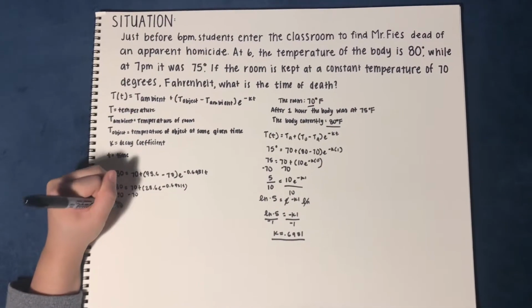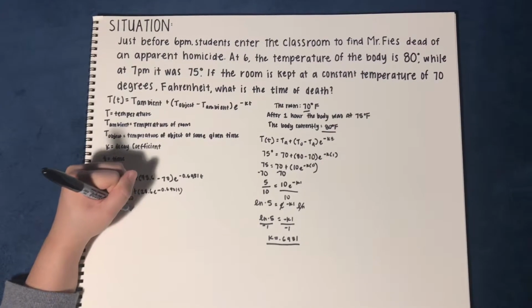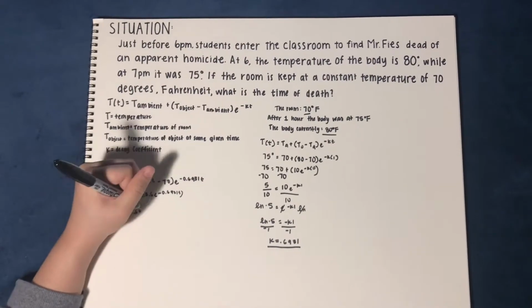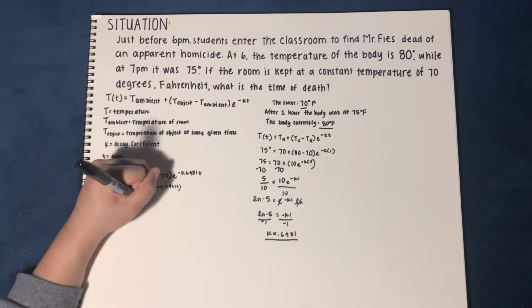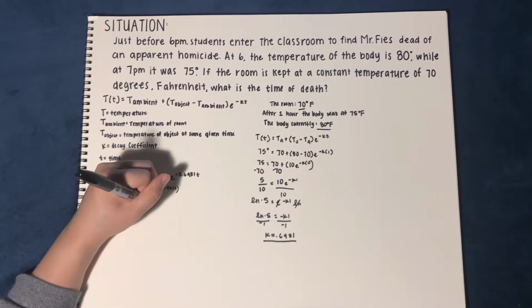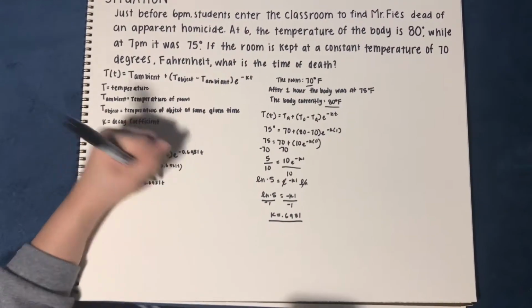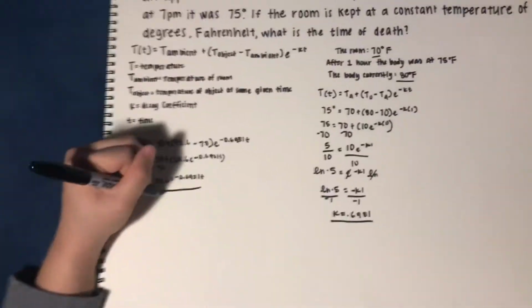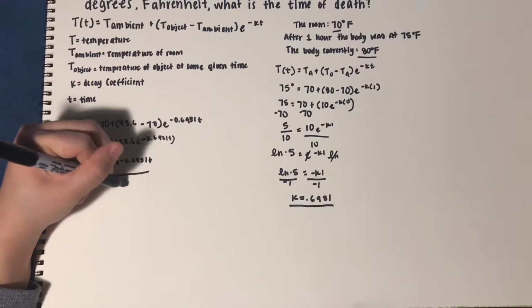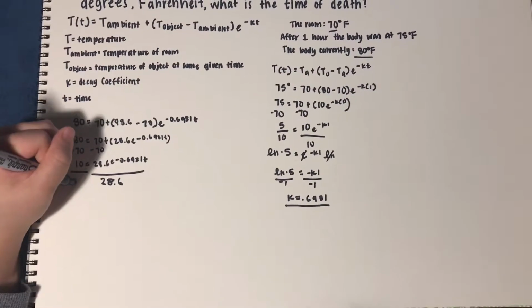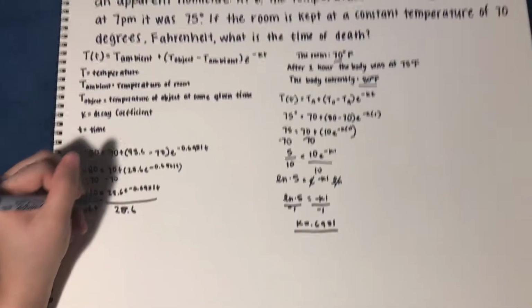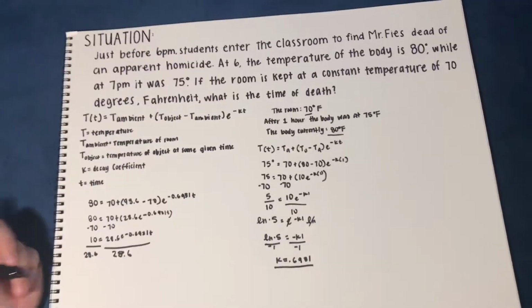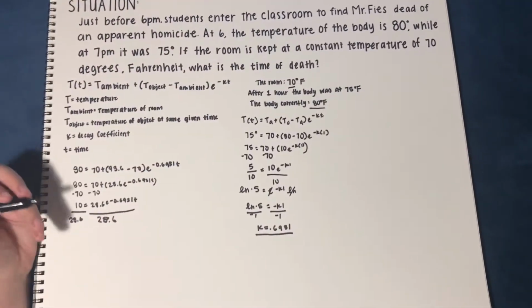So you would get 10 equals 28.6 e^(−0.6931T). Then, to get rid of that and get e by itself, you divide this whole thing by 28.6. Then also, to get rid of e, once again, you have to multiply both sides by ln.